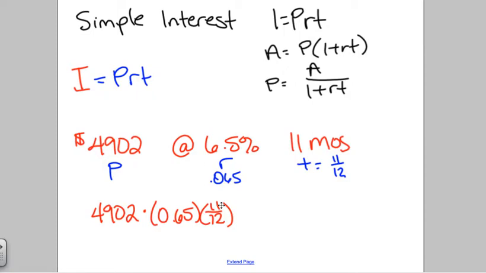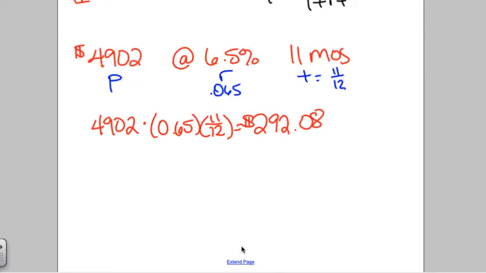So 4902 times 0.065 times 11 over 12. And I get 292.08. What if I wanted the future value of this account?